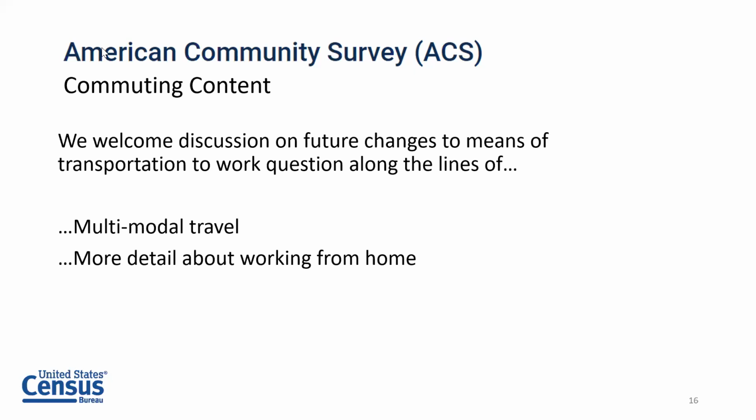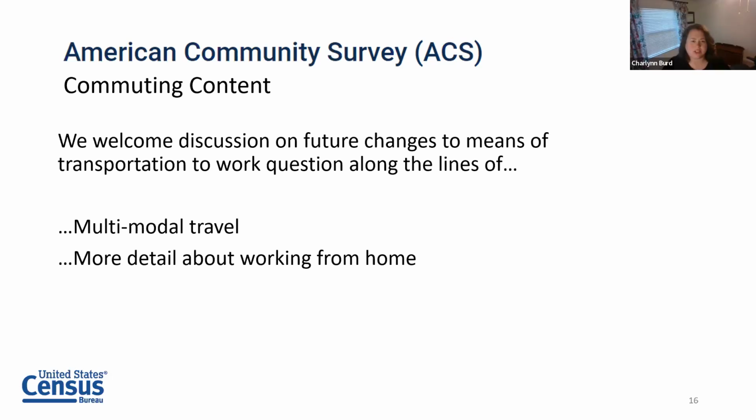So one of the challenges that we face is how do we succinctly ask people to differentiate between those types of commuting, and how do we gather as much information as possible while using essentially as little survey real estate as possible, being pithy with our questions, and hopefully gathering really informative data and distinguishing between what we know are different types of working from home, permanent versus occasional, for example.